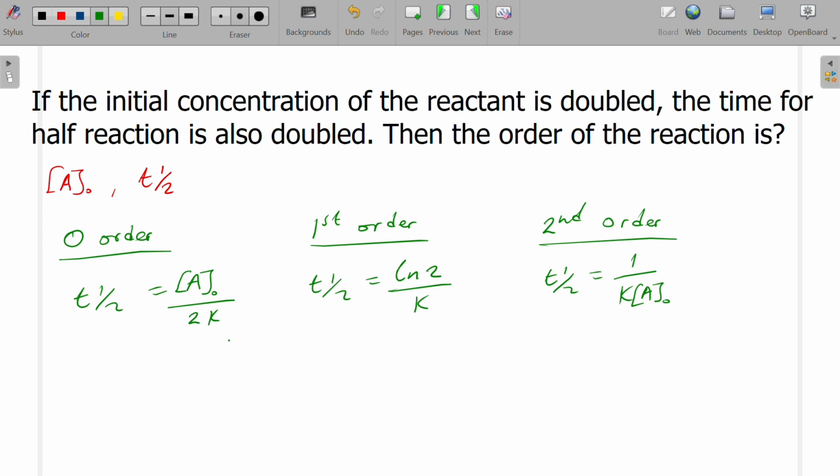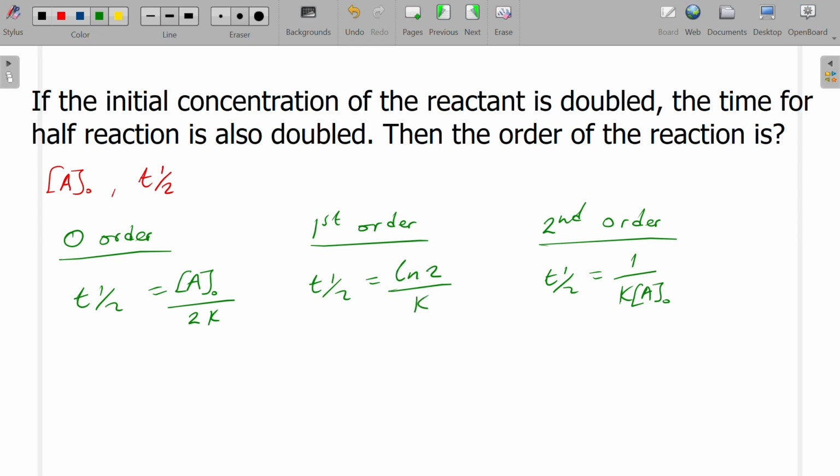Now we need to determine the order of this reaction by comparing T half and the initial concentration. Already on the first order here, we can see the half-life equation doesn't have any initial concentration.